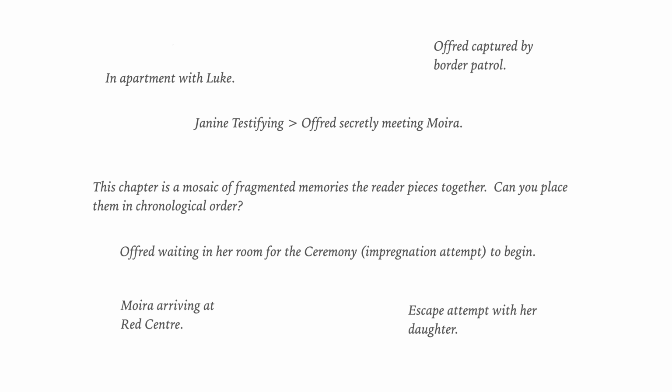Number 1, in the apartment with Luke. Number 2, her escape attempt with her husband and daughter. Number 3, Offred captured by Border Patrol. Number 4, Moira arriving at the Red Centre.